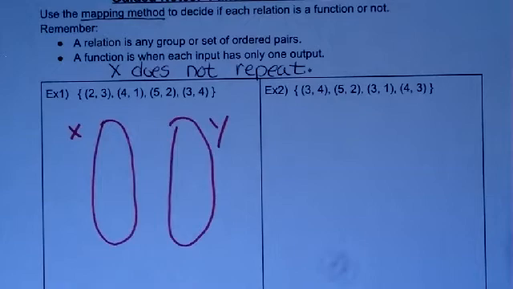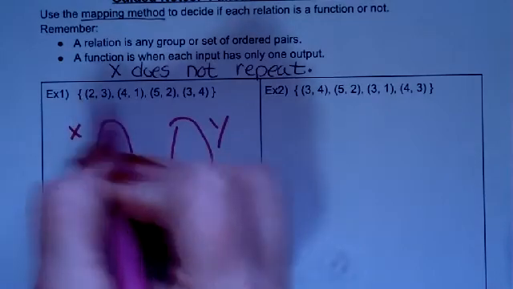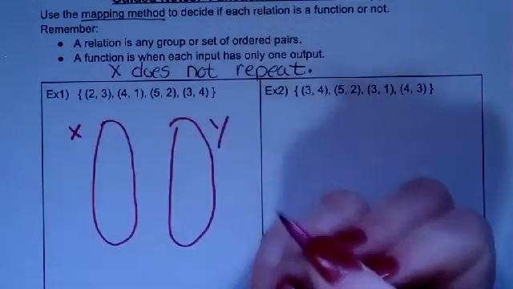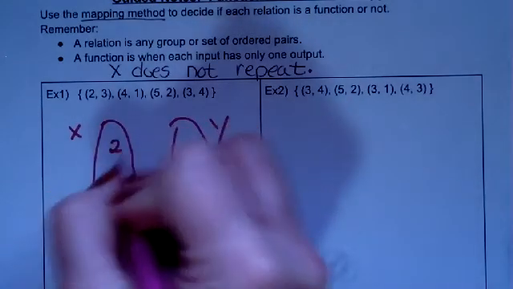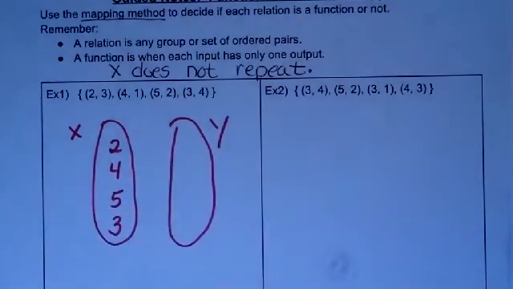Okay. Now, what we're going to put in our X bubble is all the different numbers we have for X values. Okay, so if I look right here, I've got 2, 4, 5, and 3. Remember, your X values are the first numbers in each ordered pair. So I've got 2, 4, 5, and 3.